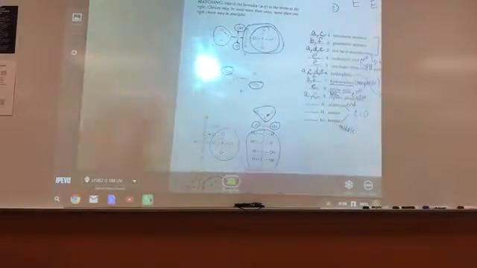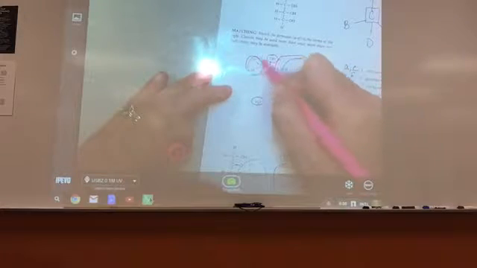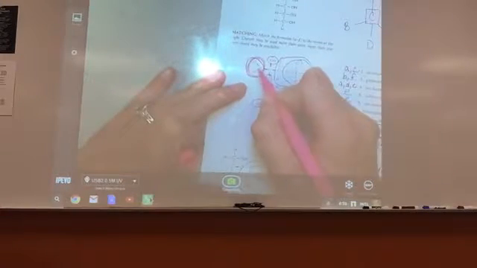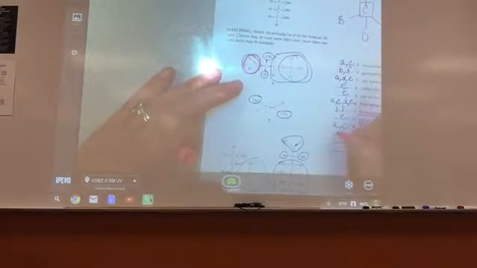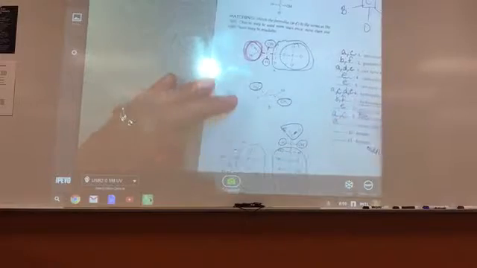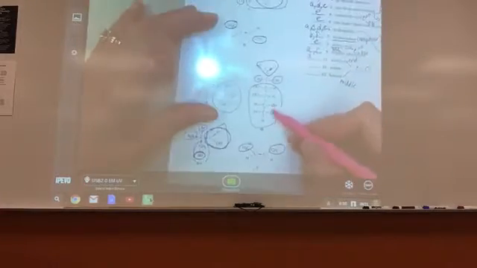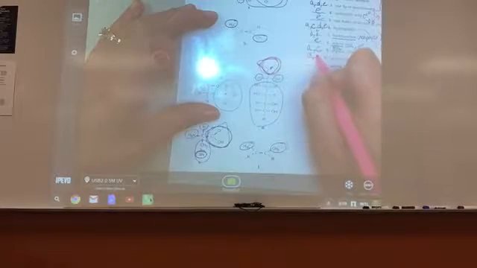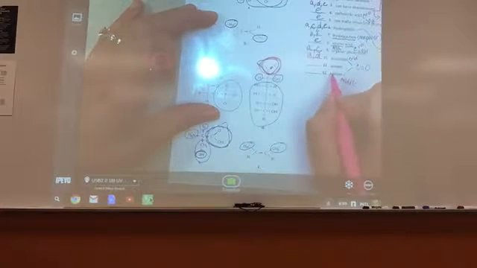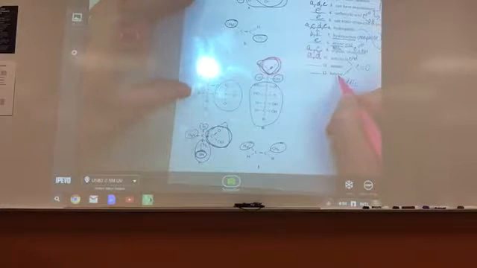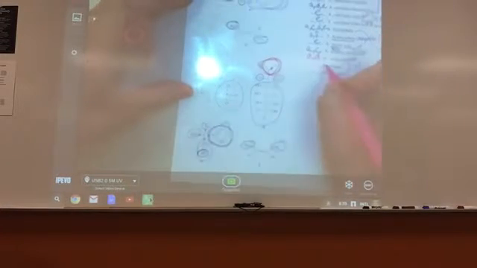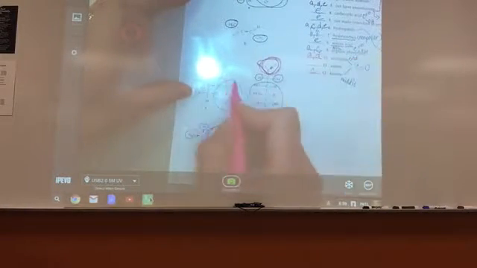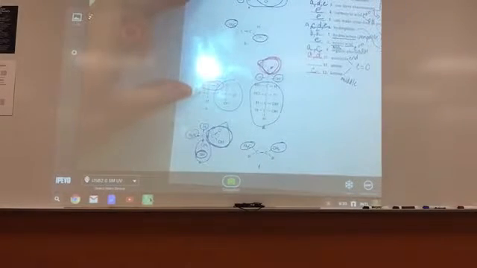We have A right here. This is a carbonyl group. It's not the carboxyl group because it would have an OH here, so it is a C with a double bonded O. So A is one answer for the aldehyde. The second answer for aldehyde is D, because right here is also at the end of the molecule. Whereas a ketone, in the middle, would be letter C, where it has this in the center.